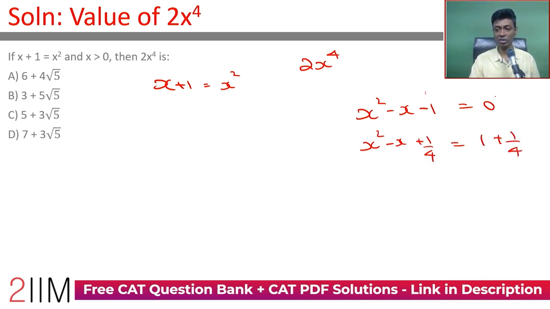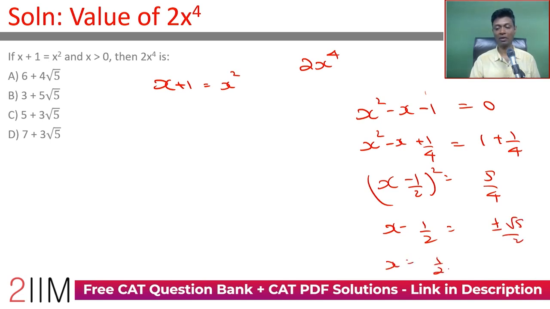We take this minus 1 this side and add 1 by 4 on both sides. x minus half the whole square is 5 by 4. With this we can find x. So our x minus half is plus or minus root 5 by 2. x is half plus or minus root 5 by 2. x is positive, so it is only half plus root 5 by 2.